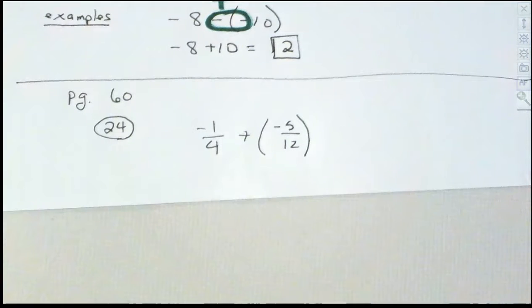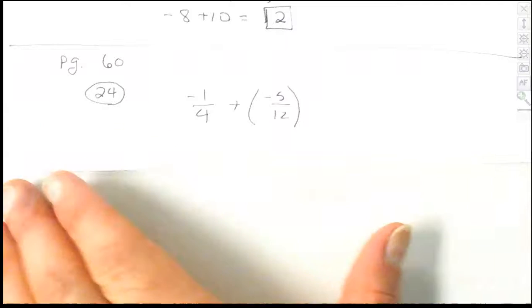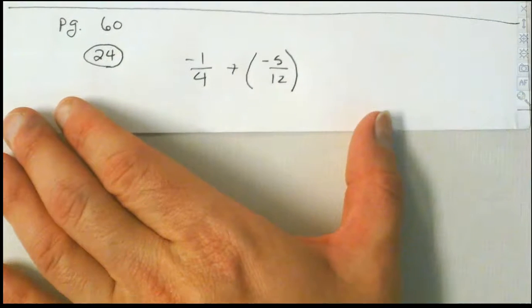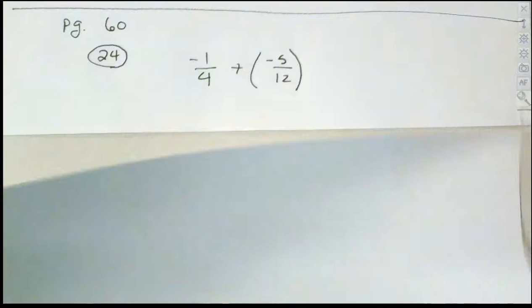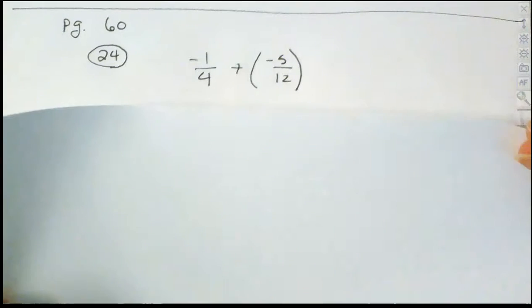Okay, so when I look at this question, first thing I want to do is get rid of any parentheses. So I've got some parentheses here, and they're really not needed. So we're going to learn how to get rid of that set of parentheses, because that's multiplication, and whenever we cancel these signs, it's multiplication, and multiplication is always done before addition and subtraction.